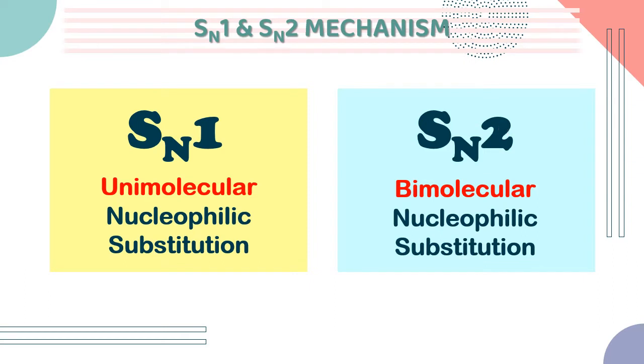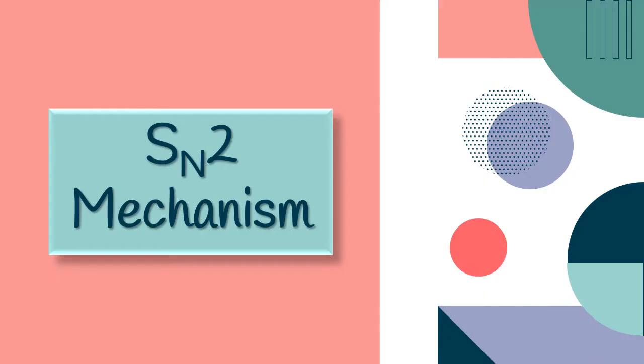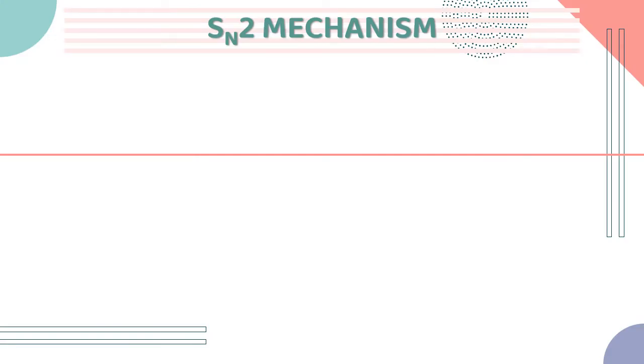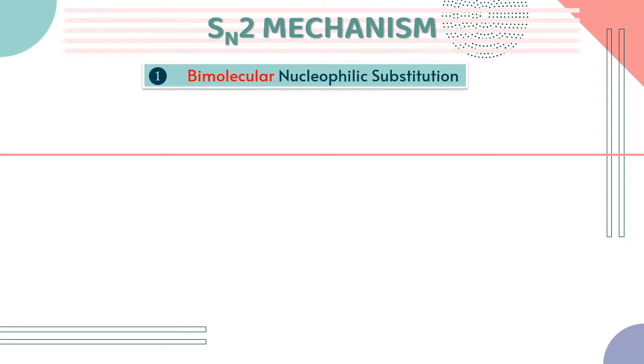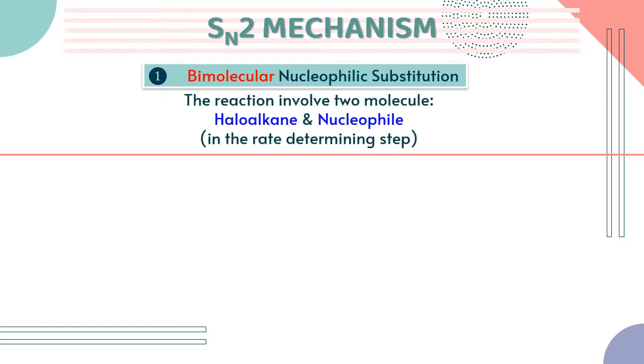Okay, so now let's look at it one by one. We're going to start first with the SN2 mechanism. Why do we call it SN2 mechanism? Firstly, it's a bimolecular nucleophilic substitution. I keep on mentioning bimolecular. What is actually bimolecular? The reaction will involve two molecules, which are the haloalkane and the nucleophile. This is specific to the rate determining step.